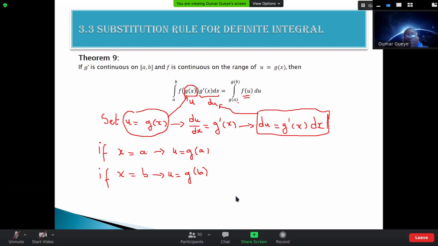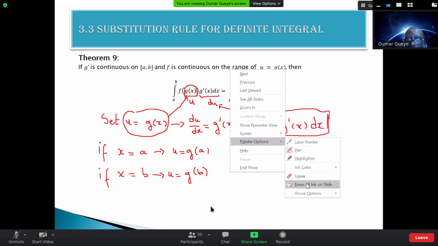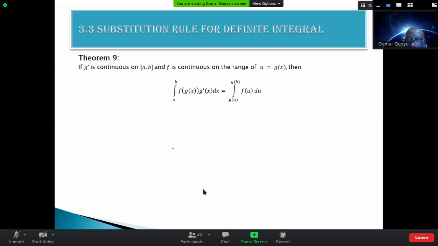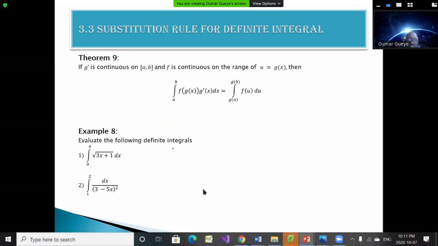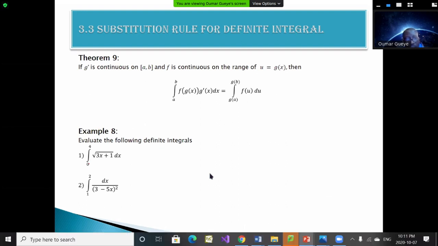All right, let's see now how to use it to solve some integrals. For the first integral here, we have the integral from 0 to 4 of the square root of 3x plus 1.